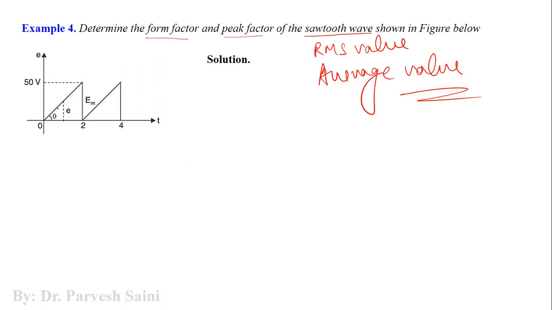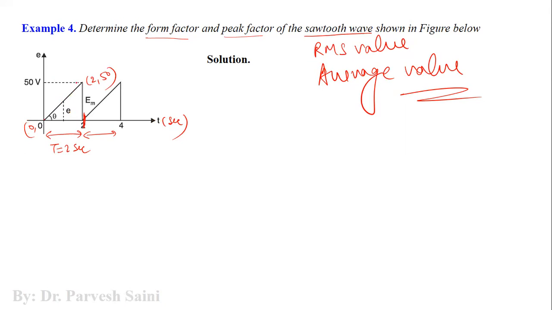So if you see this particular slope, this waveform, it is repeating after 2 seconds. So time period here is 2. If it is in seconds, so it is 2 seconds, right? And it has two coordinates, 0 and 0 here, and here it has 2 and 50, right?